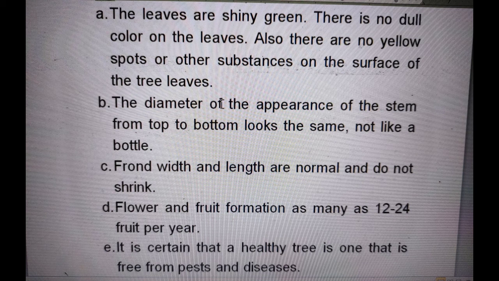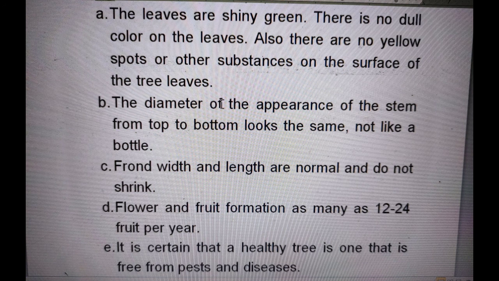Characteristics of healthy oil palm. 1. The leaves are shiny green. There is no dull color of the leaves. Also, there are no yellow spots or other substances on the surface of the tree leaves. 2. The diameter of the stem from top to bottom looks the same, not like a bottle. 3.